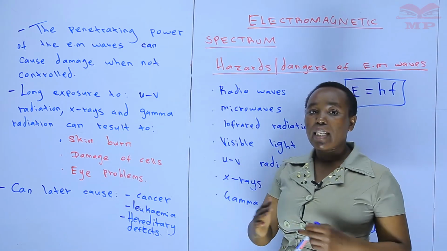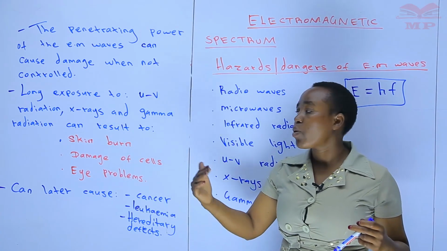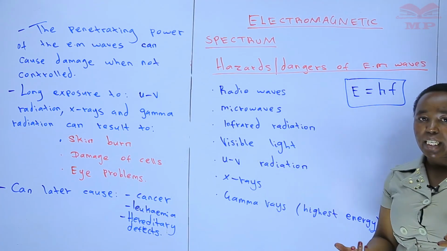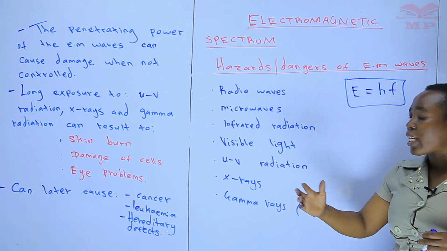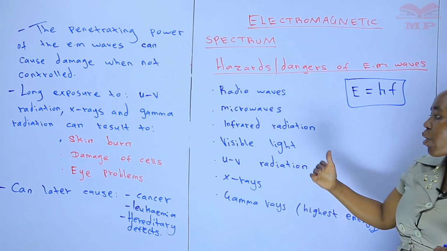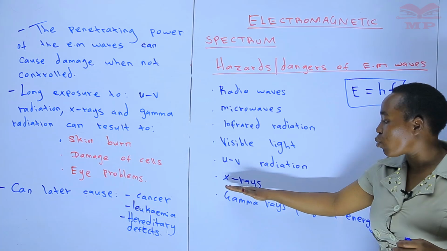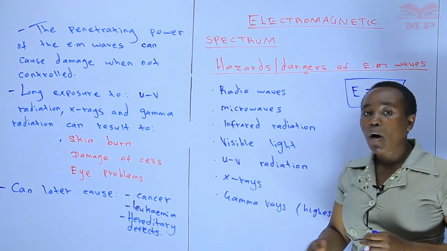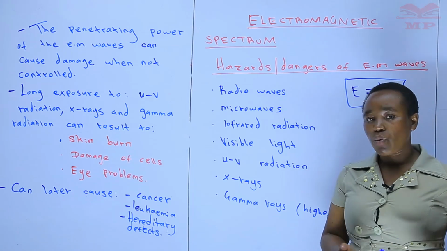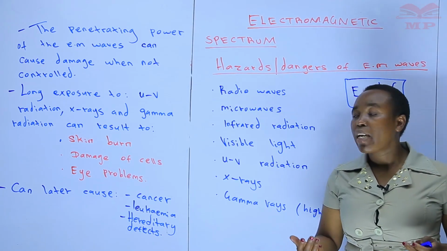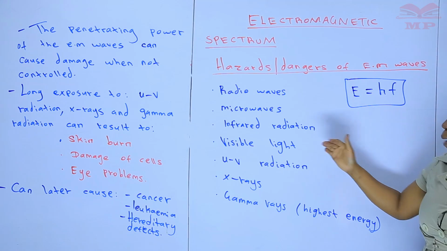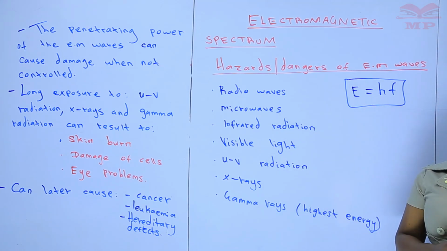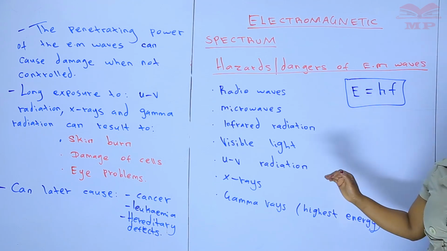Also ensure that some distance is given when you have a radioactive substance which is emitting, for example, X-rays, so that you don't get into contact with those radiations. Again, we also need to have shielding materials. There are shielding materials that are used, especially in companies where there is some emission of these electromagnetic waves, so that they can absorb the radiations.